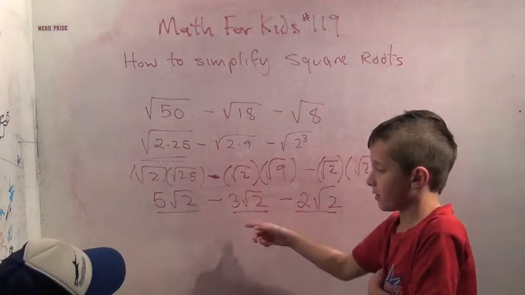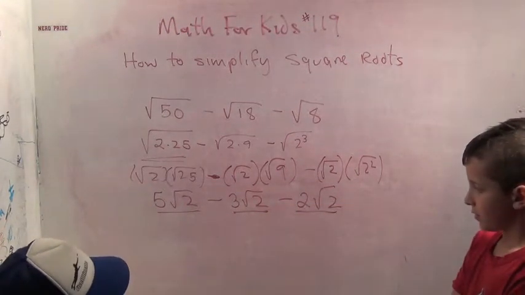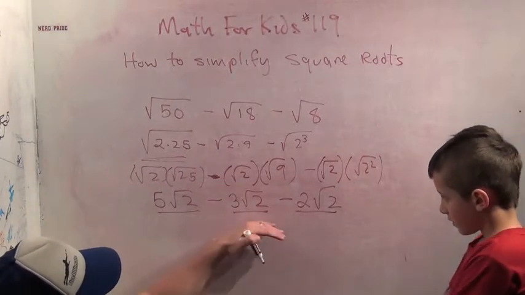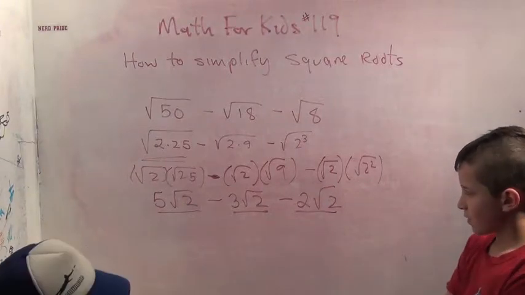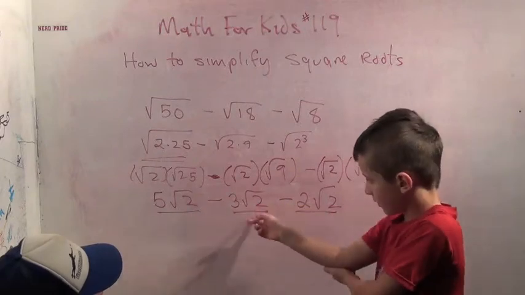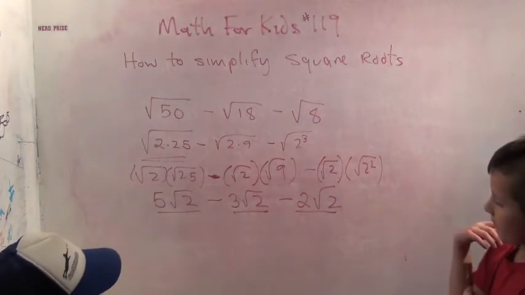We can't subtract square roots, so it's tricky to figure out what to do. What do you think 5 times the square root of 2 minus 3 times the square root of 2 is? Subtraction definitely doesn't work like that.